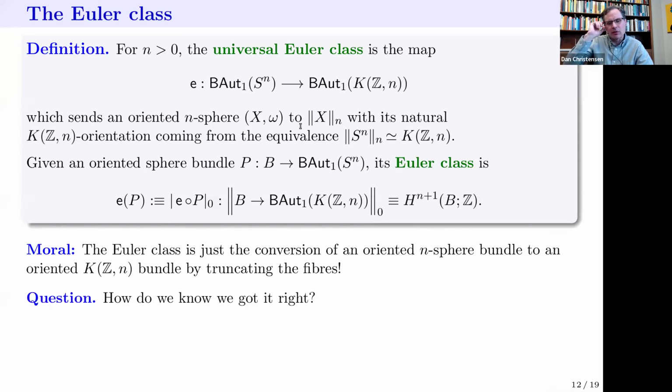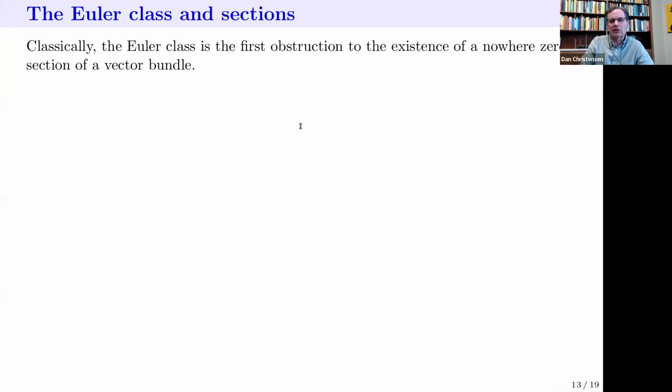So how do we know that this is the Euler class? Throughout the rest of the talk, I'll be telling you some properties about the Euler class and how it relates to the Thom class and how it relates to the tangent bundle of the sphere that show that it has all the properties we expect the Euler class to have. So let's start with the relationship to sections of a bundle.